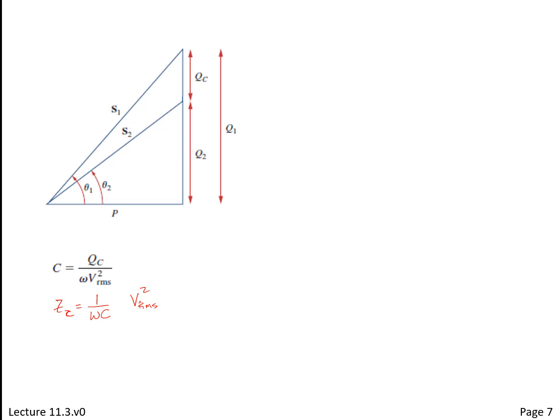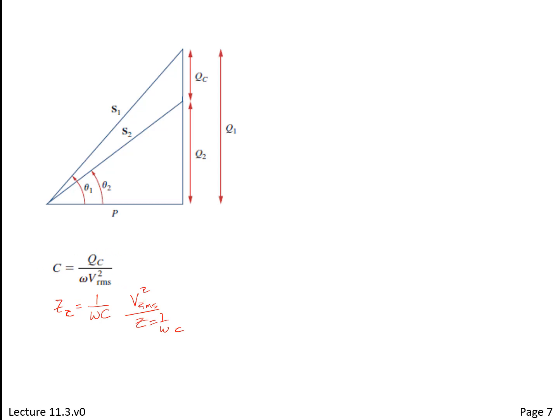When you know the Z, it's V squared divided by Z. It's like I squared Z or V squared over Z. So now if I solve this, where this is 1 over omega C, for C, I'm going to end up back here.